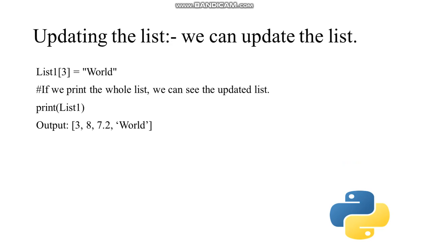For updating list, we can update by placing the new element at the position of the previous element. For example, I can update list1[3] by world. So it will replace my hello by world.